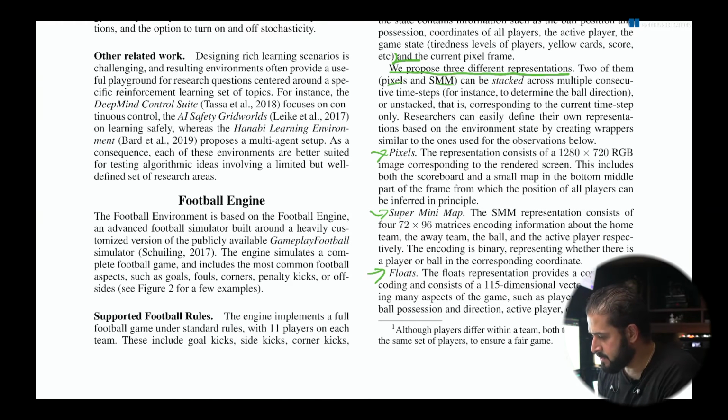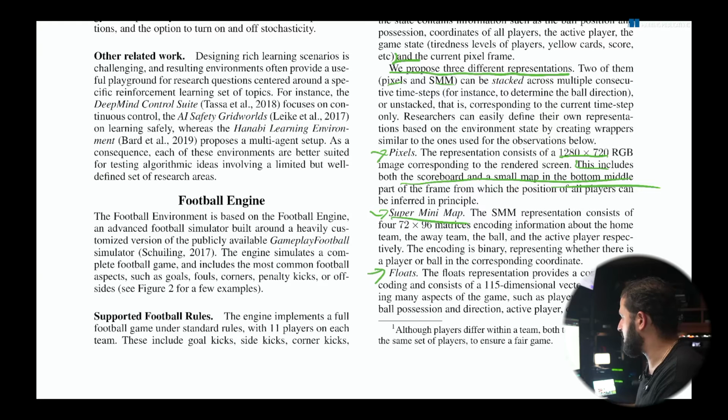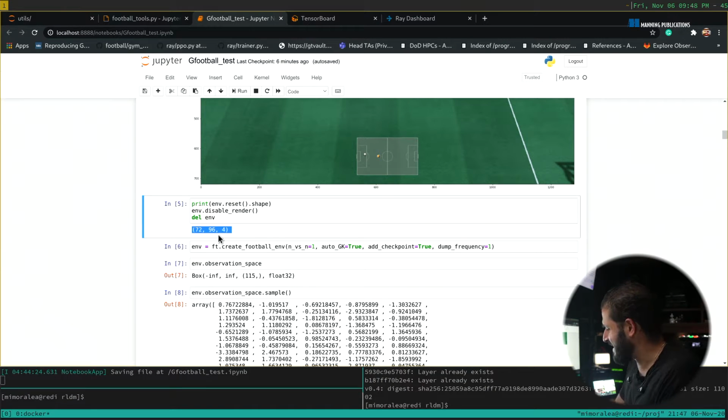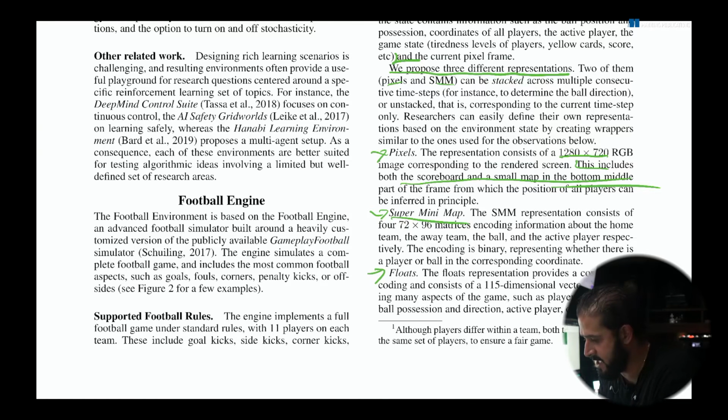So the pixels consists of these images corresponding to the render screen. This includes both the score and so on. The super minimap is actually what I have in here, and that's why you see the size. Let me flip back in here. You can see here the size is 72 by 96, which is basically what they have right here, 72 by 96, right?